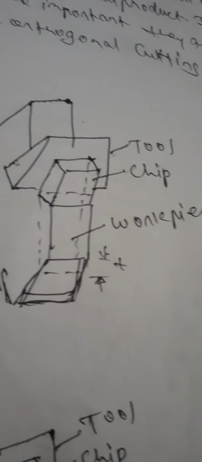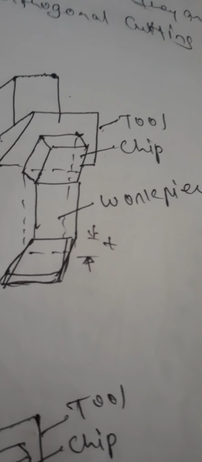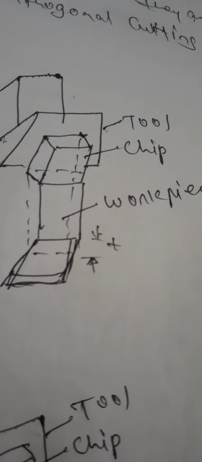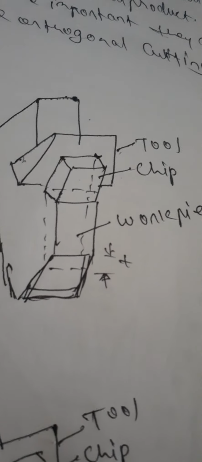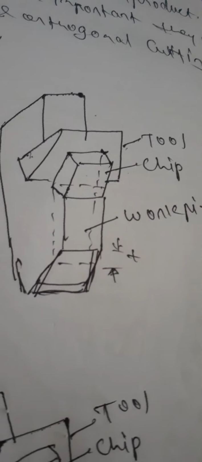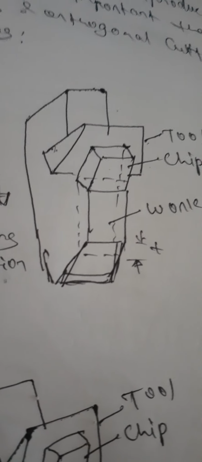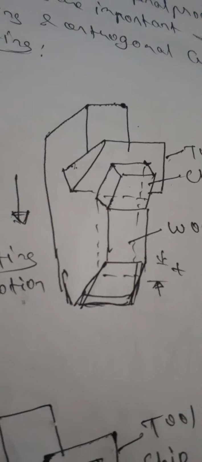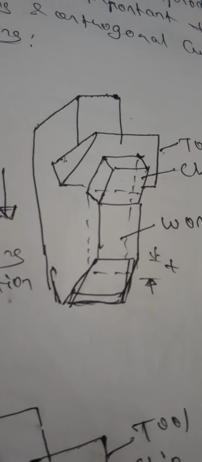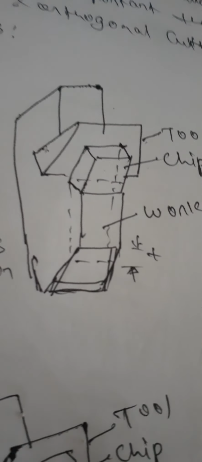In orthogonal, the tool has lesser cutting life, chip flows over the tool, and surface finish is poor. In oblique cutting, the tool has higher cutting life, the chip flows sideways, and surface finish is good. In orthogonal cutting, two mutually perpendicular forces are involved, and in oblique cutting, three mutually perpendicular forces are involved.